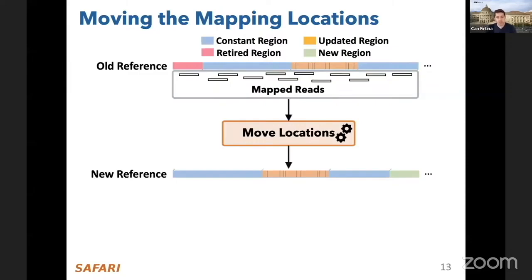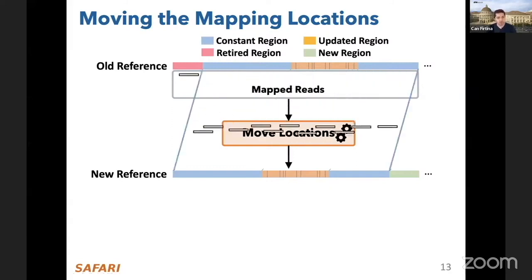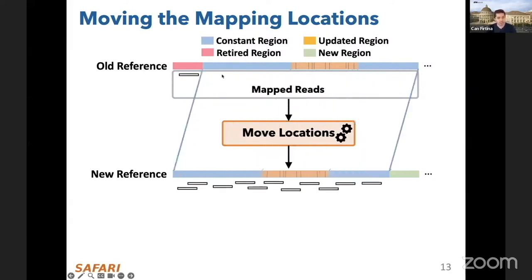When moving the reads to a new reference genome, we take all the mapped reads and we move the reads that fall either under the constant region or the updated region directly to their corresponding positions in the new reference genome, by taking the deletions and insertions into account.